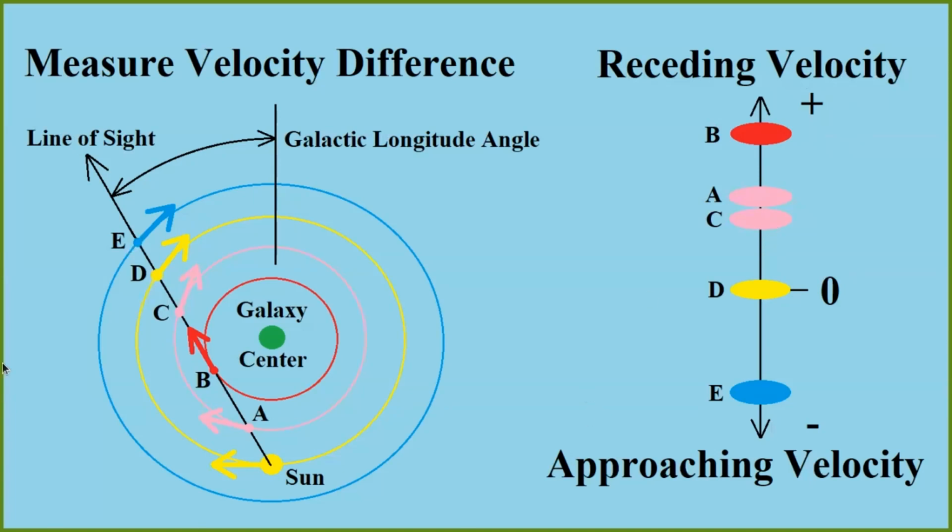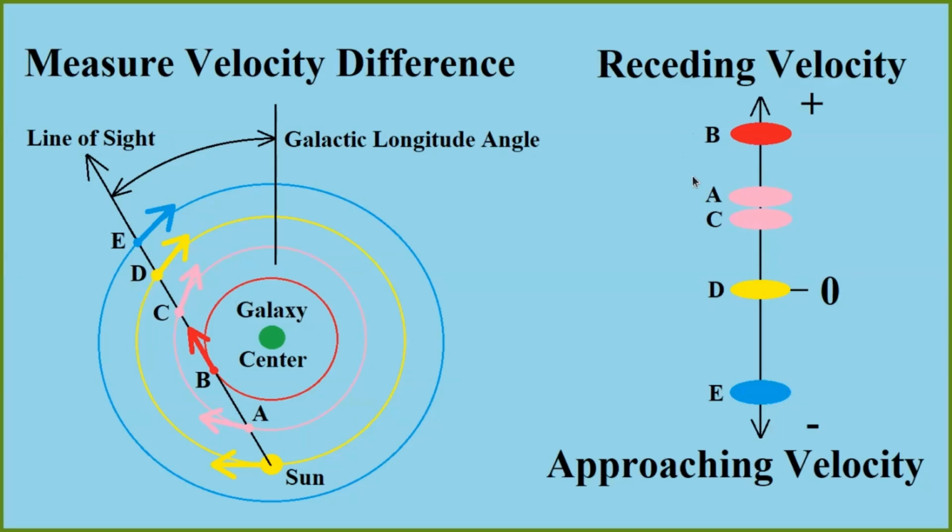And then lastly, let's look at E like echo here on the end. Its velocity is less along the line of sight than the sun's velocity along that line of sight. E looks like it's actually approaching us along that line of sight. It has a negative velocity.